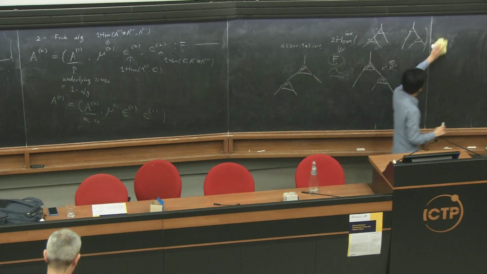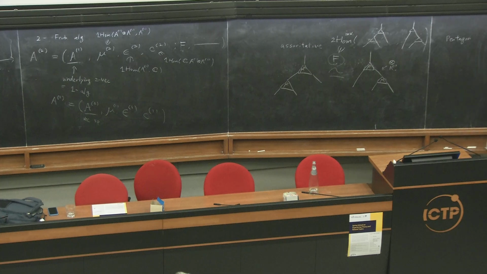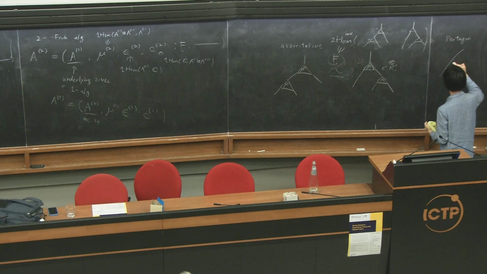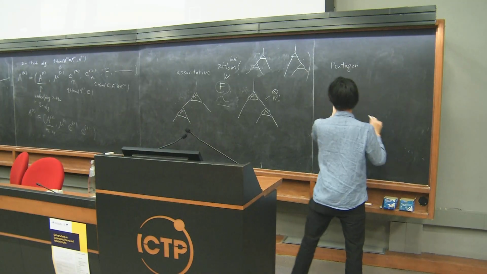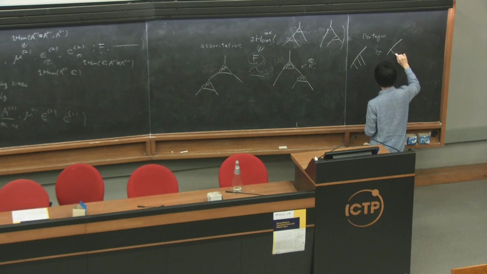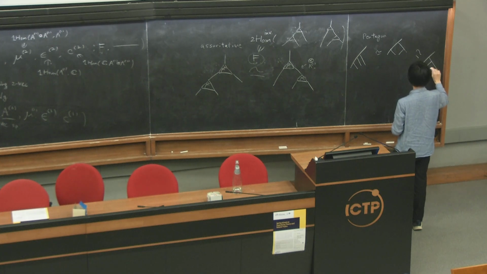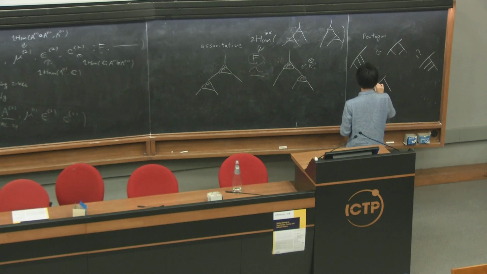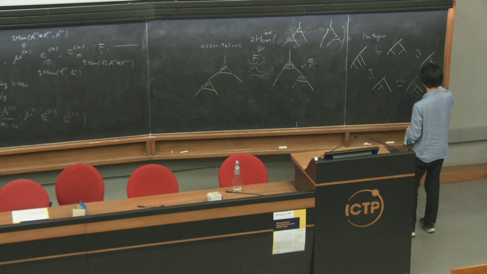So the new constraint here is the well-known pentagon identity. So you have F and you go the other way.